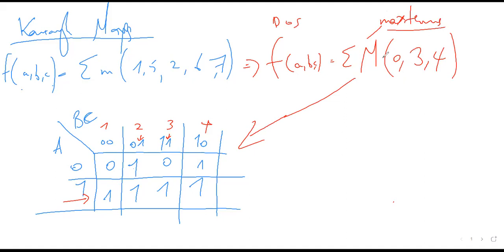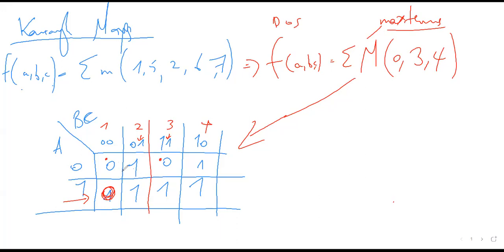Product of maxterms, right. For 0, 3, and 4, we have 0 here, 3 here, 0, 1, 1, and where is 4? We should have another 0 here. What happened? There was a 0 here. This is a 0, yes, 4. Right, this is our Karnaugh table.